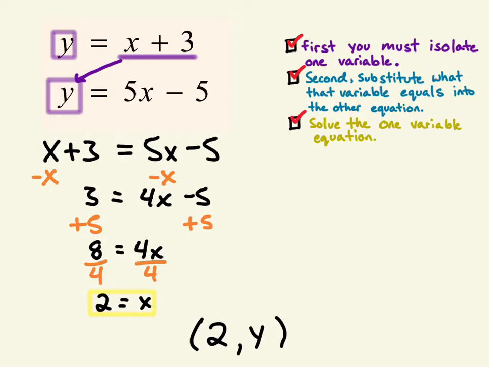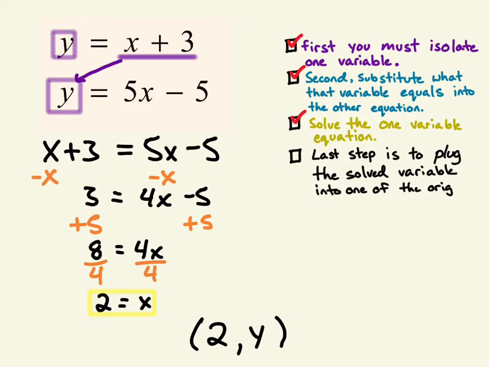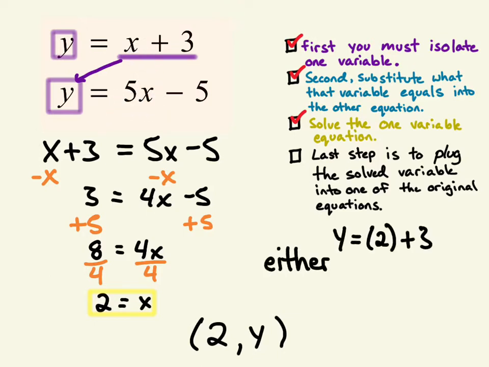And now I'm part of the way through it. The next thing I need to do is plug the solved variable into one of the original equations. So if x equals 2 here or x equals 2 here, what is y going to equal? Either y equals 2 plus 3, or 5 times 2 is 10, and 10 minus 5 gives me 5.